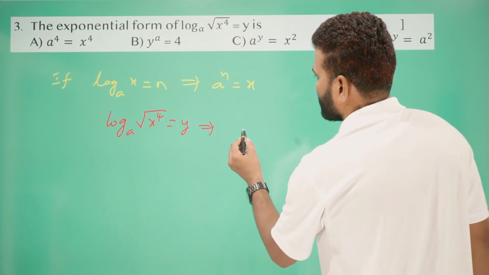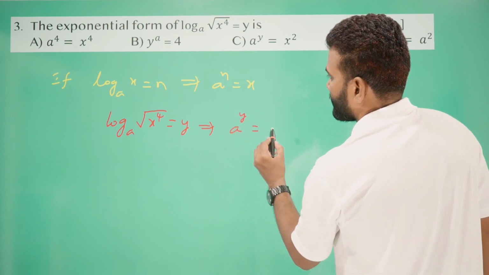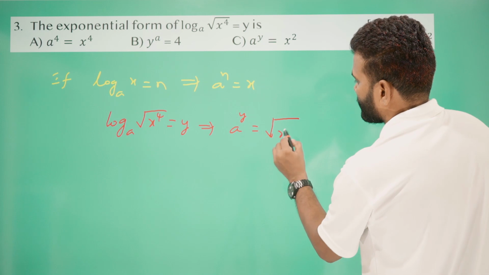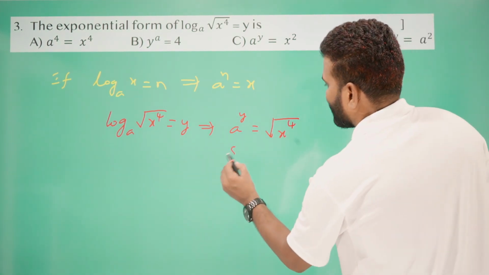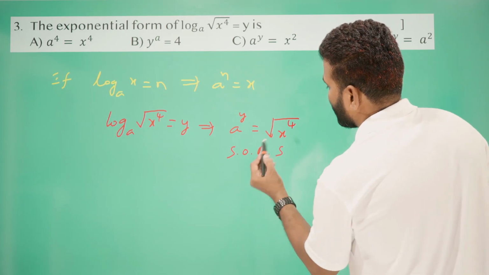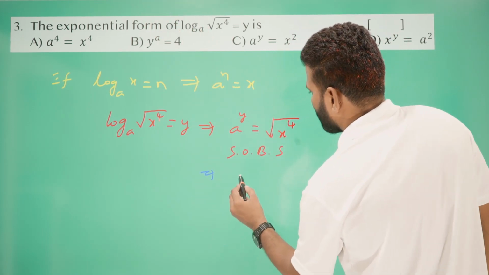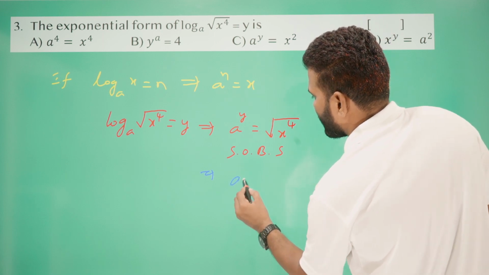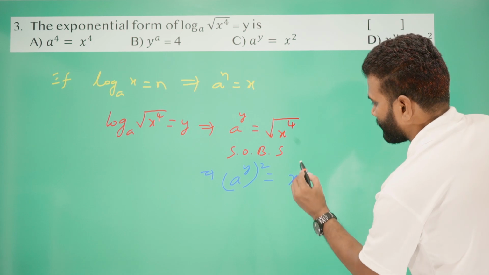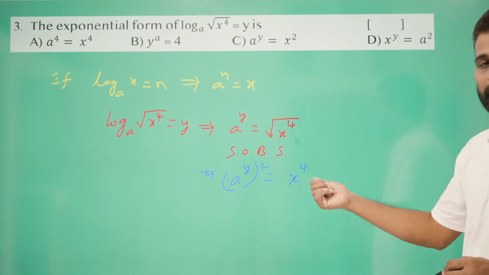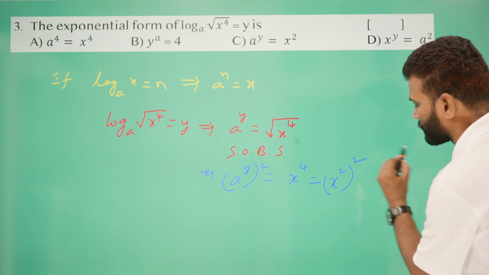Then this becomes a to the power of y is equals to square root of x to the power of 4. Further, squaring on both sides, this becomes a to the power of y whole square is equals to x to the power of 4. And x to the power of 4, further we can rewrite as x square whole square.